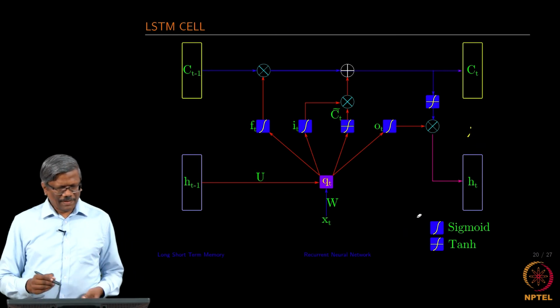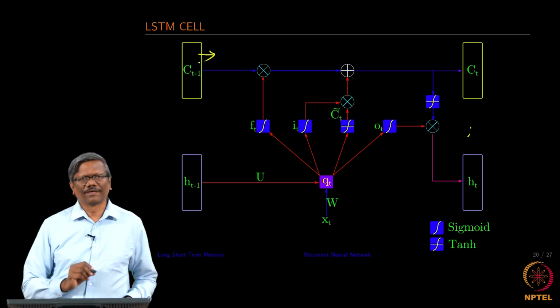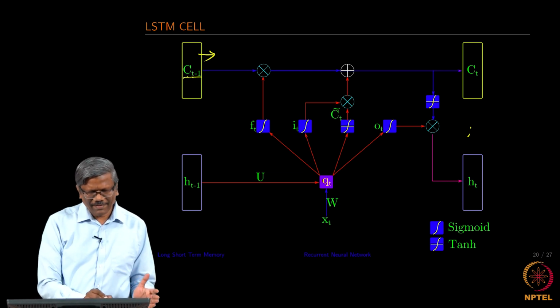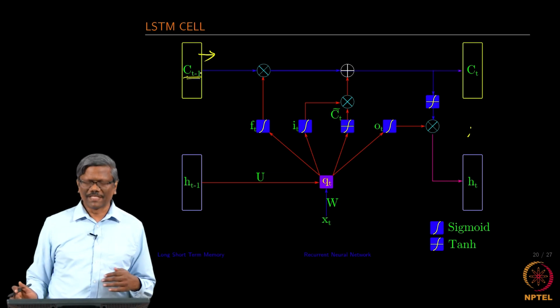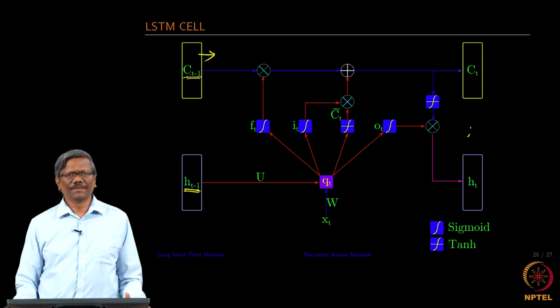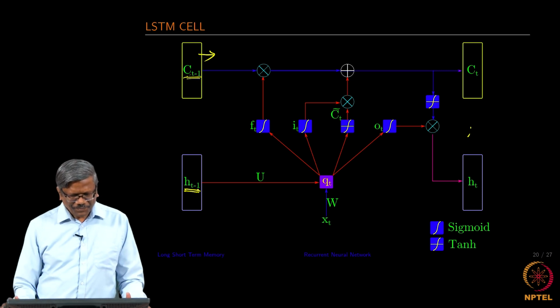All right. So, as I mentioned earlier, there is a separate memory vector CT that we have. Assume that we have the previous memory state, and then we have the HT minus 1, the previous state of the hidden unit.